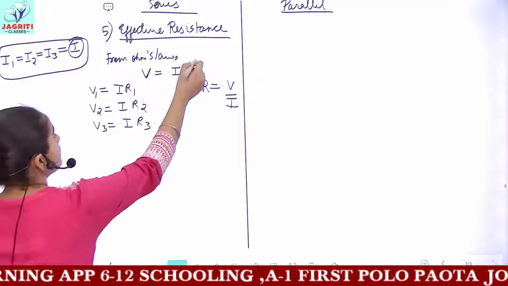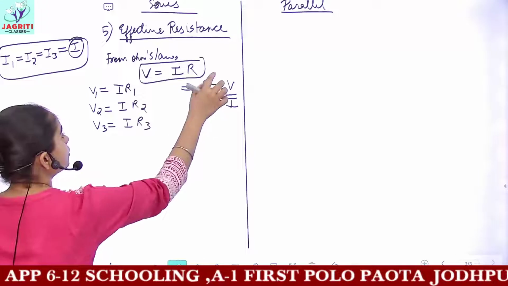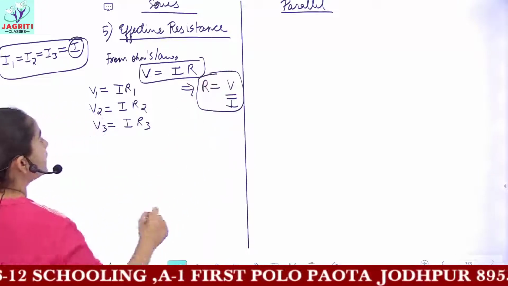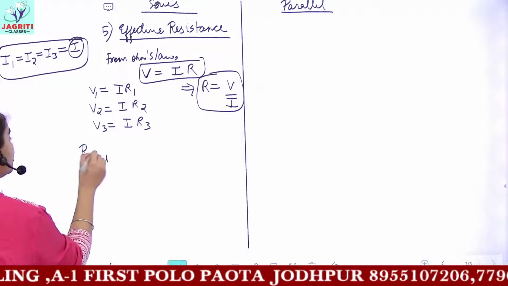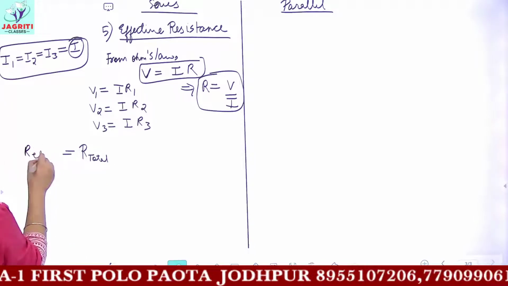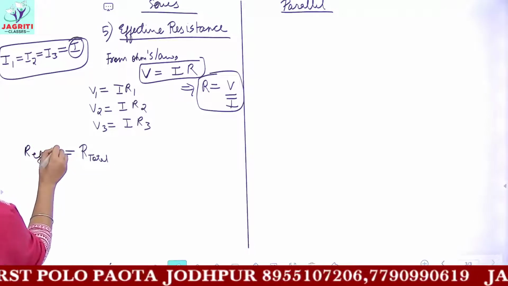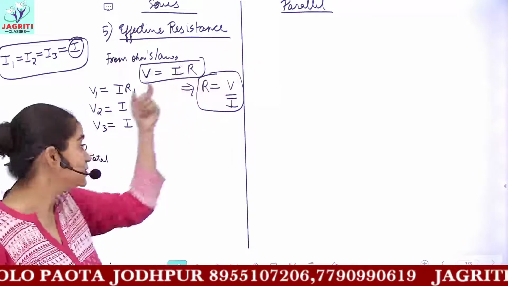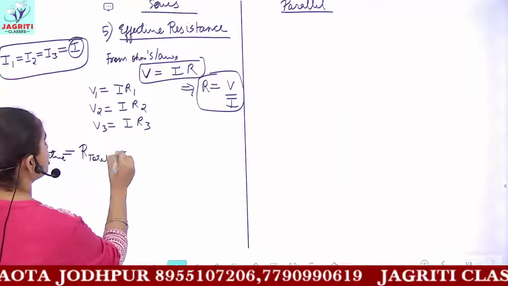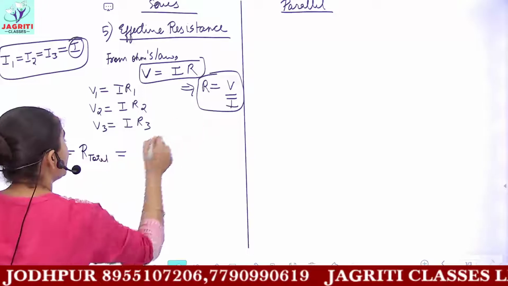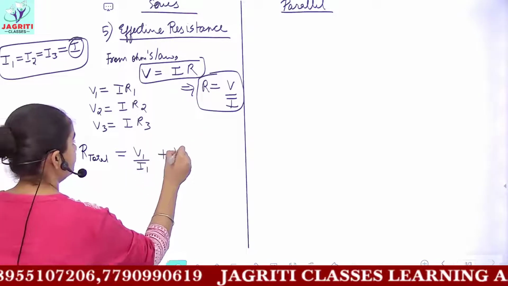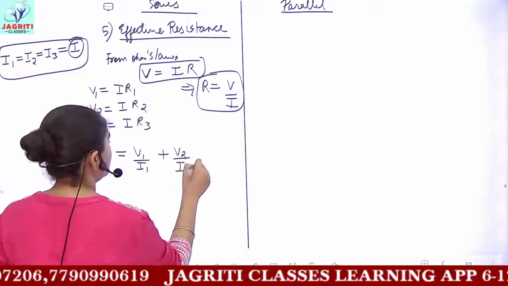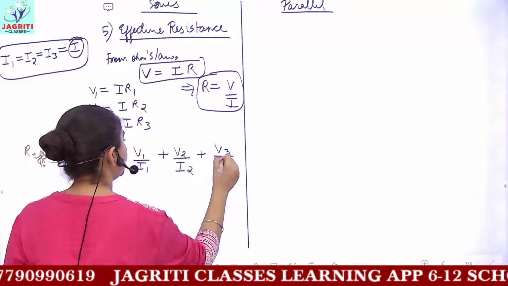As you can see, from this formula when you take out the value of R, you will get V upon I. So now we are saying R total, or you can even write R effective. As I have given in the heading, effective resistance means total resistance of the combination. So it would be V1 upon I1 plus V2 upon I2 plus V3 upon I3.